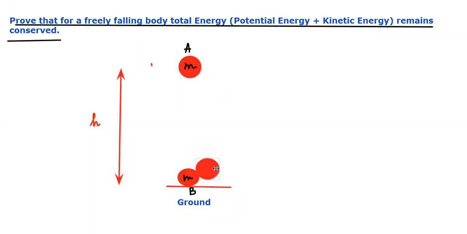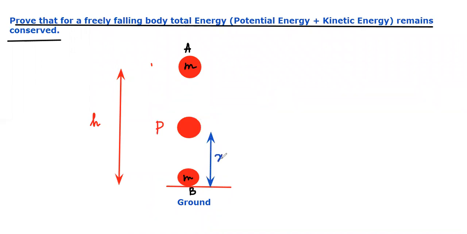So I have taken two extreme points, the highest point A and the lowest point B. I consider another point somewhere over here, any point P, and let the point P be at a height of x from the ground.